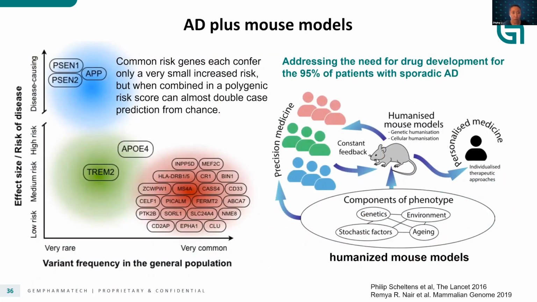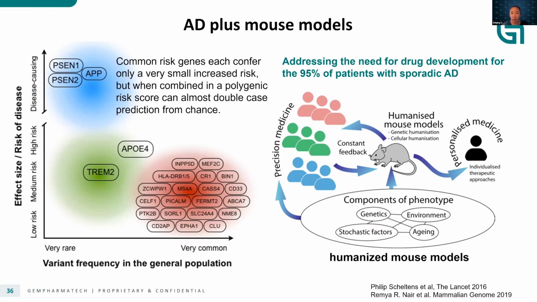Now, as you know, A-beta and presenilin are only the 2 high-risk genes. Although they are high risk, they are low prevalence among the human population. So what's the alternative way that we can develop preclinical mouse models to help with research as well as drug development?